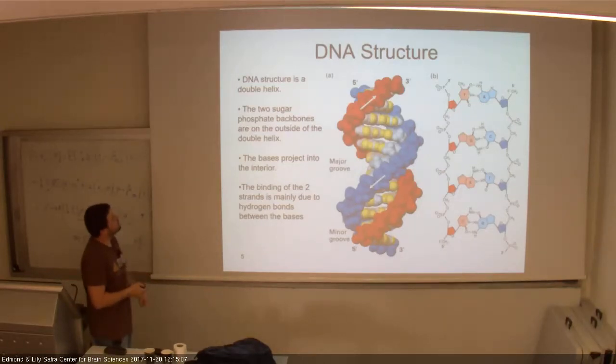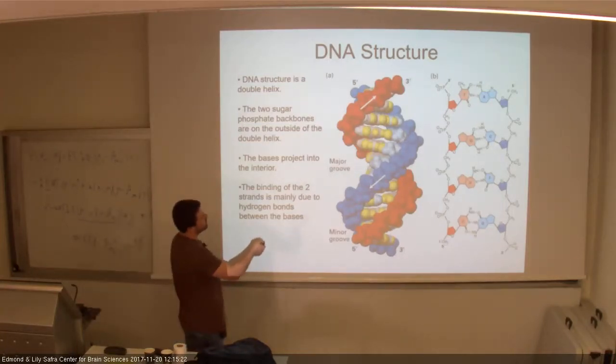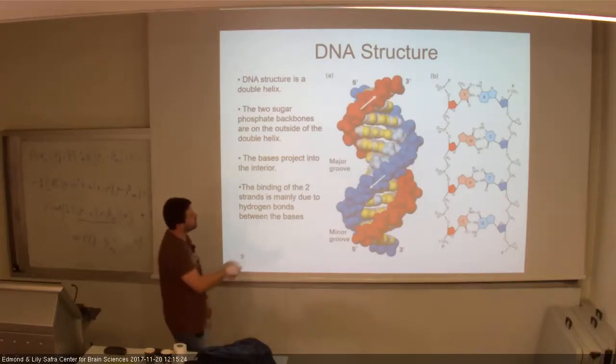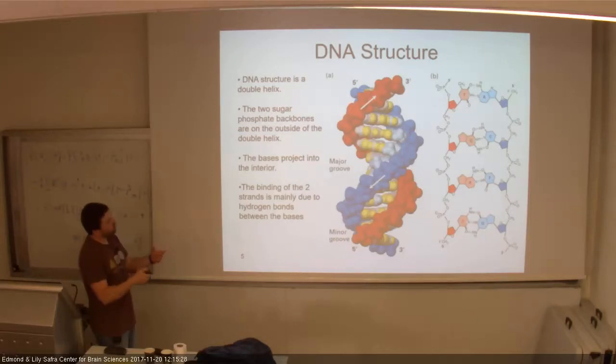Okay, so the structure of the DNA is what we call a coiled helix, and it has a minor groove and a major groove. So the structure is like you have a large opening and a small opening, and this repeats itself. And the sugar phosphates, or the sugar backbones, are facing outwards.